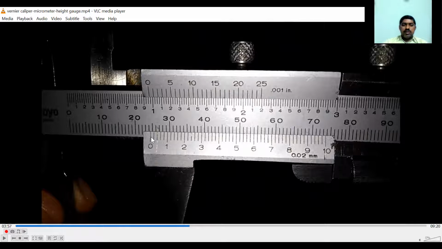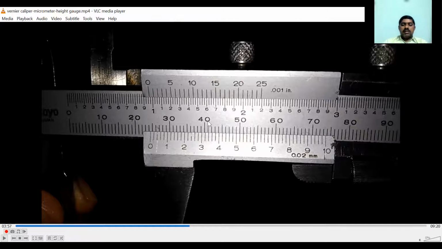So main scale reading is 24, and the vernier coincidence is exactly the 26th division, as from 0 to 1 we have 5 divisions, 1 to 2 we have 5 divisions, and so on. So 24 plus 26 into 0.02, that means 24.52 mm is the diameter of the given cylindrical component.